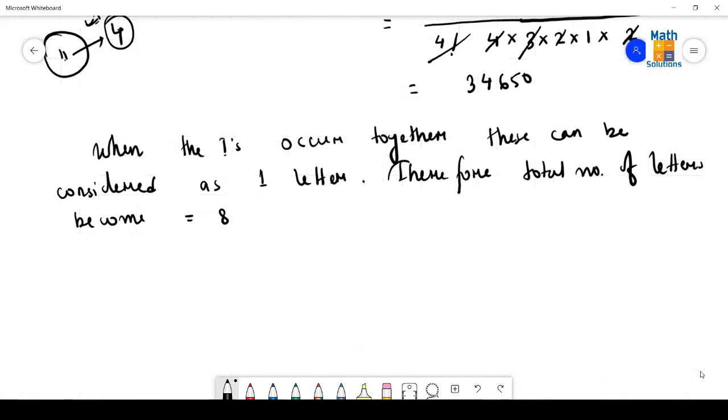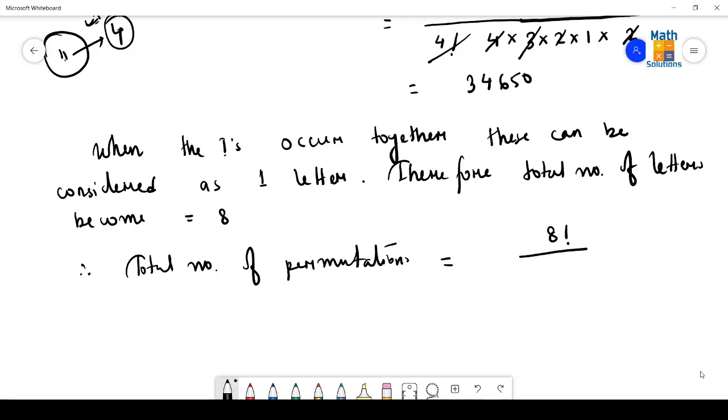Then the total number of permutations will be equal to 8 factorial divided by 4 factorial into 2 factorial.